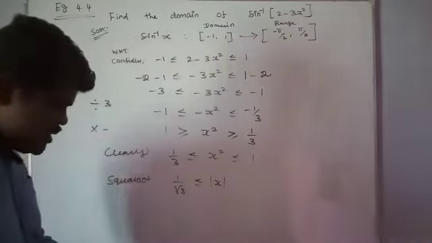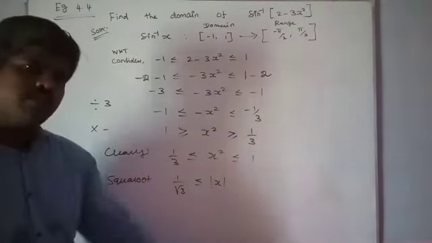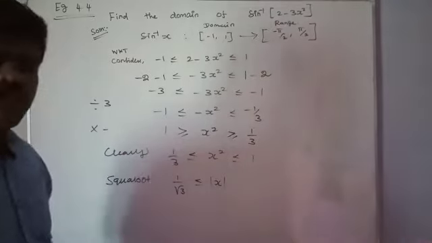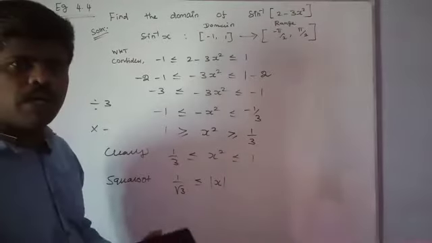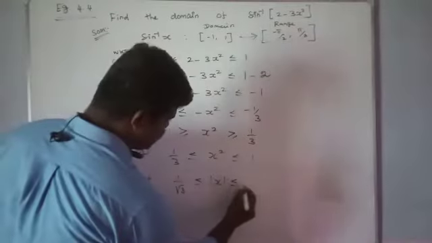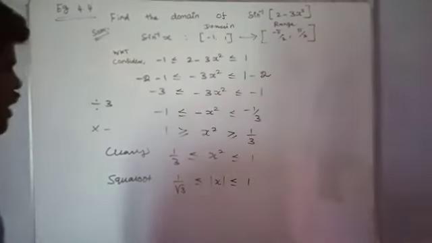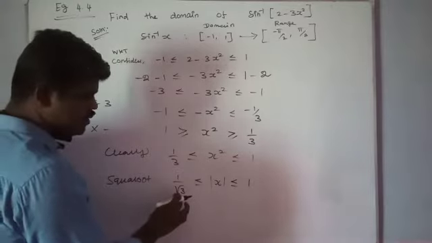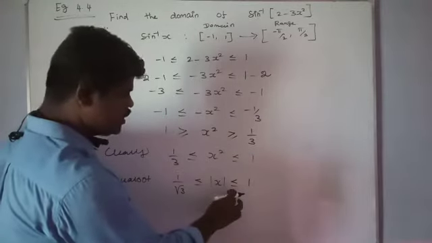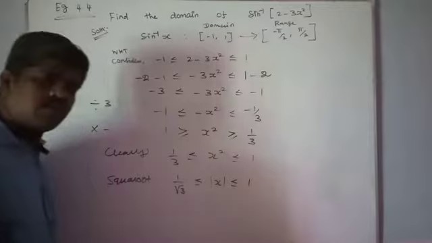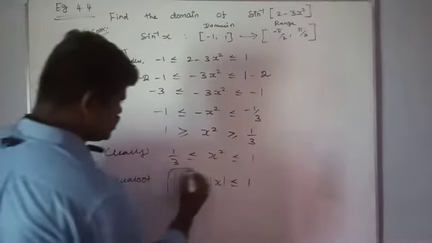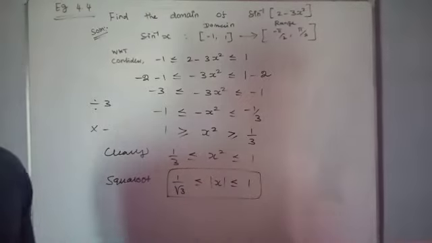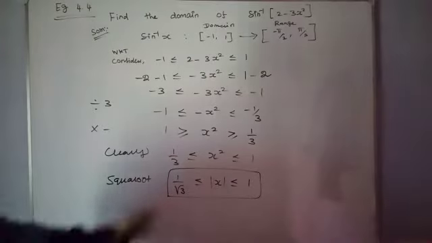If x is positive, x squared is positive; if x is negative, we also square it to get x squared. That is why we write modulus x less than or equal to root 1, which is also 1. So 1 by root 3 is less than or equal to modulus x, less than or equal to 1. This is the x value, but we cannot leave it this way because there is a modulus and we want to find the x value.